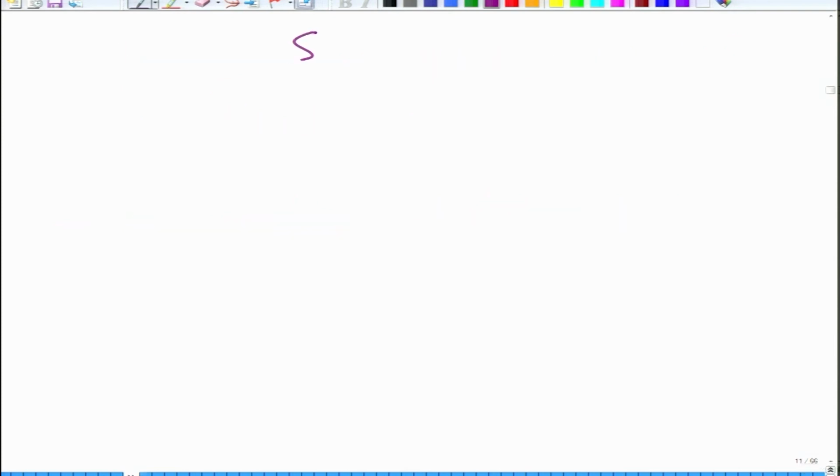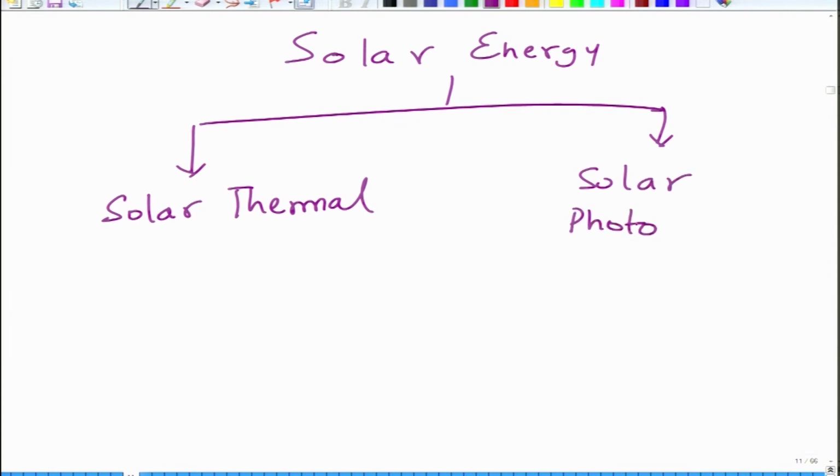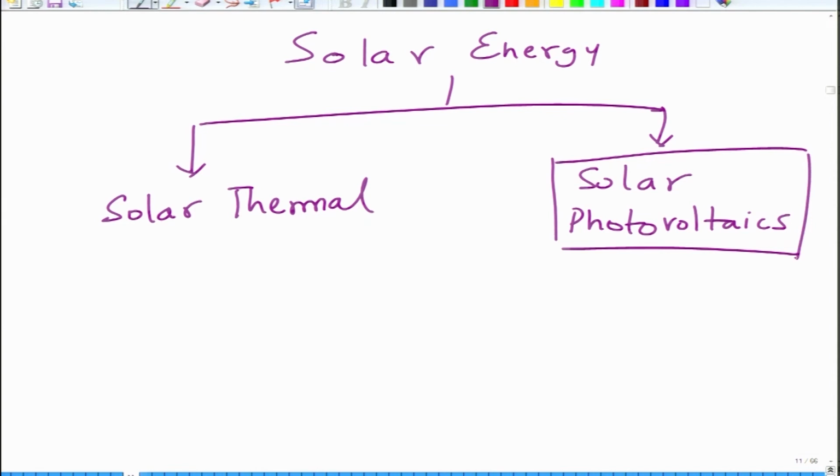Solar energy is essentially useful in two contexts. The first context is solar thermal, and the second is solar photovoltaics, and it is this solar photovoltaics that we will study in this course.